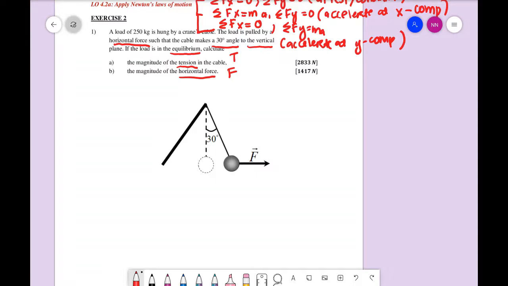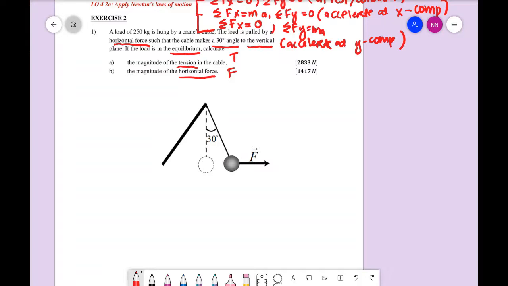So when it is in equilibrium, we must apply net force x equals 0 and net force y equals to 0. Okay, but then we have to identify what kind of forces acted on this load. So you have to draw all forces acting on this load.